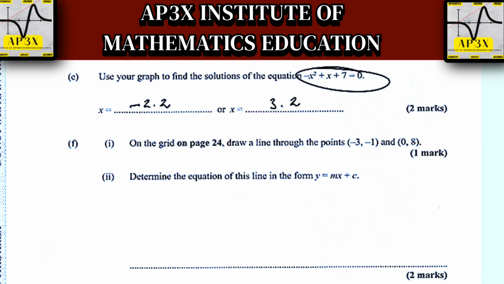It says determine the equation of the line in the form y equal mx plus c. So right away I know that since it's y equal mx plus c, I'm obviously going to need the gradient of that line.